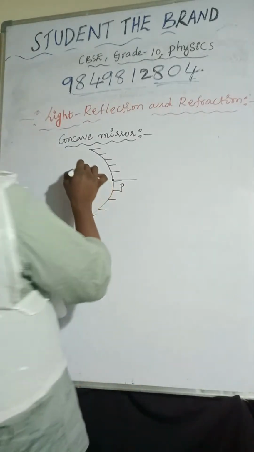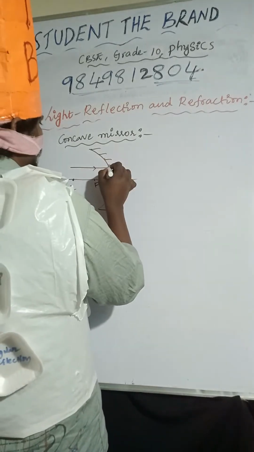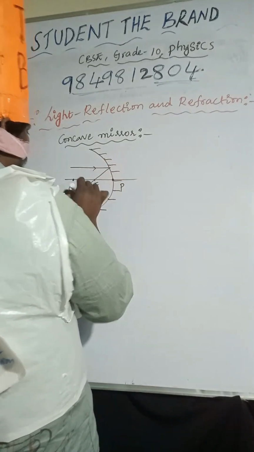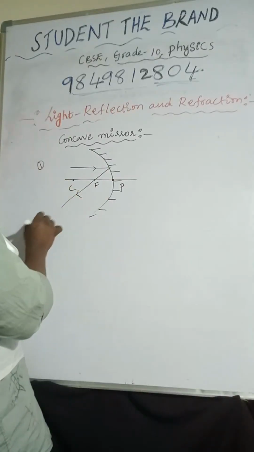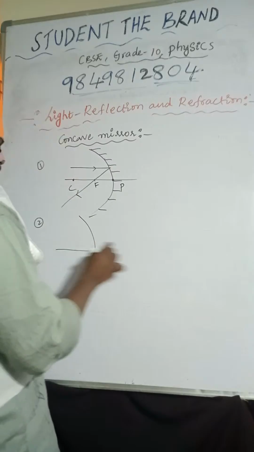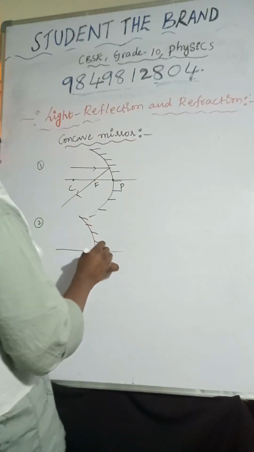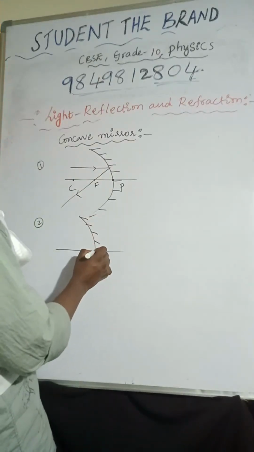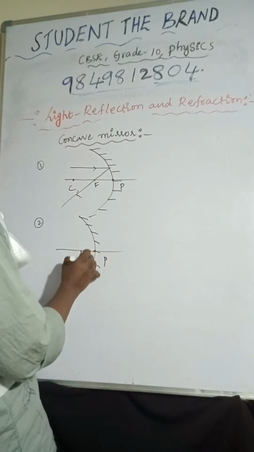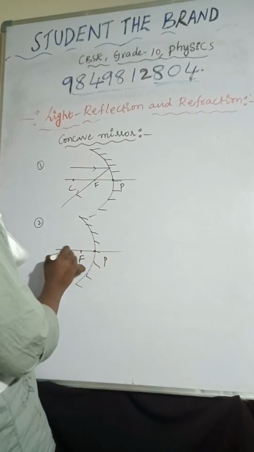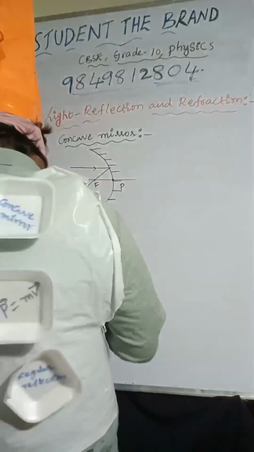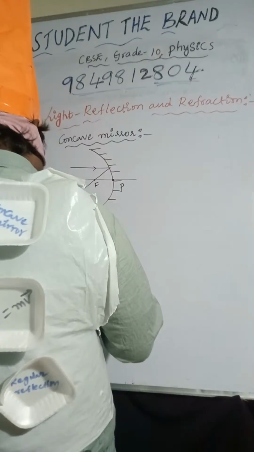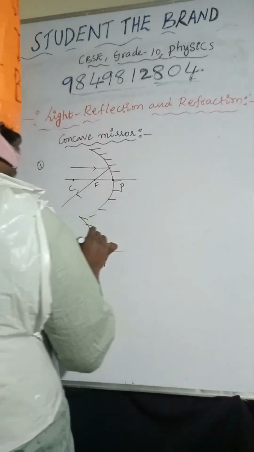One light ray I am taking, and after reflection the light ray passes through the focus. Second one: the light ray is passing through the focus, and after reflection it moves towards infinity.